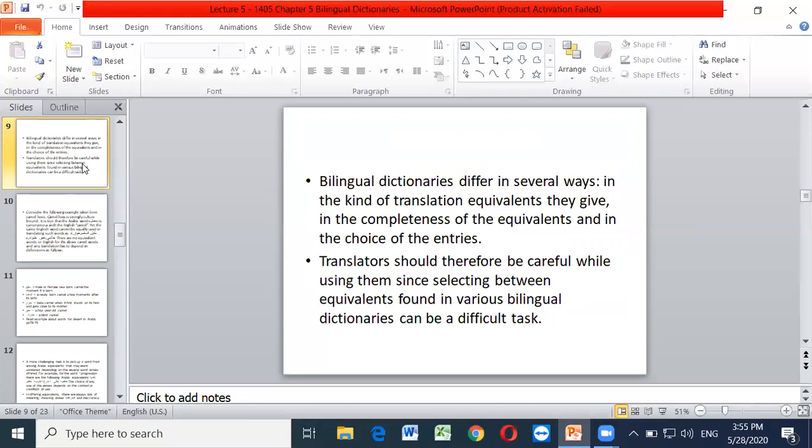So this underlyingly means, students, that it assumes or presupposes that translators have to use more than one bilingual dictionary, because he tells you that translators should be careful when using bilingual dictionaries, because selecting between equivalents in various bilingual dictionaries can prove to be a difficult task and is in itself important.